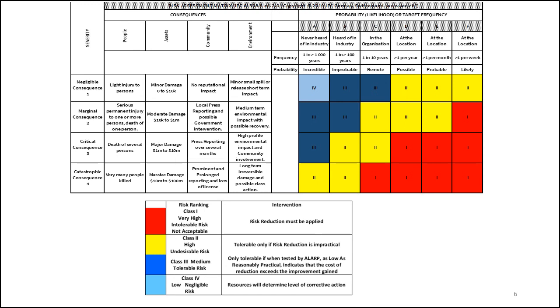We will not go into detail on this slide, as this is covered more fully in the risk matrix lookup video. This concludes this lesson.